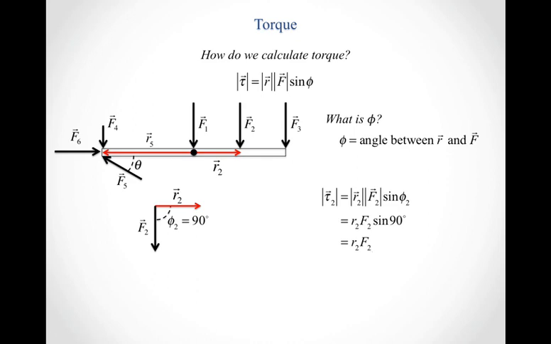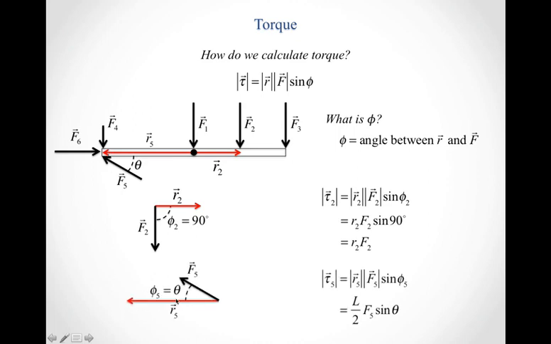Let's look at force 5. Again, I'm going to start by drawing in that position vector, and then I'm going to redraw the position vector and the force vector so I can see what phi is. In this case, phi happens to be the same as the angle theta that I'm told, which is the angle that force 5 makes with the rod.